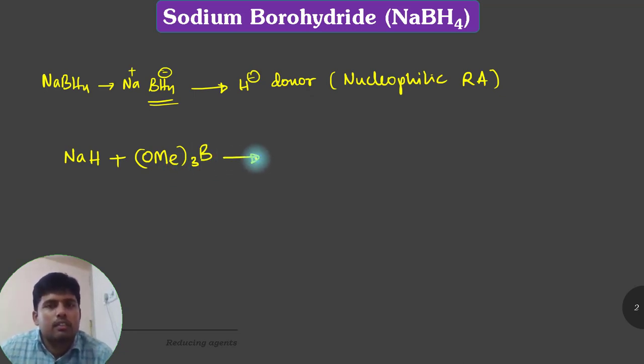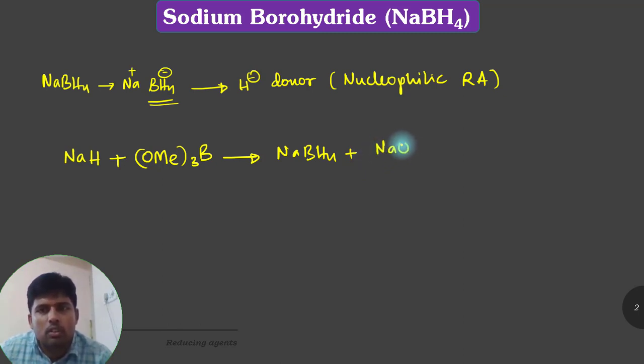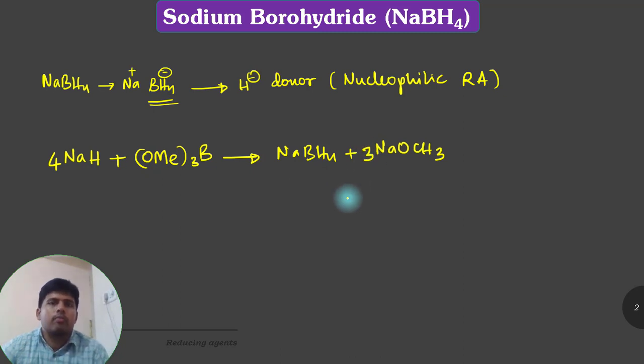On reaction at around 200 degrees, that's something like 470 to 500 Kelvin, it gives NaBH4, and we get sodium methoxide. In order to balance, we will have to write 4 NaH and here it is 3. In this way we get NaBH4 prepared in the laboratory.